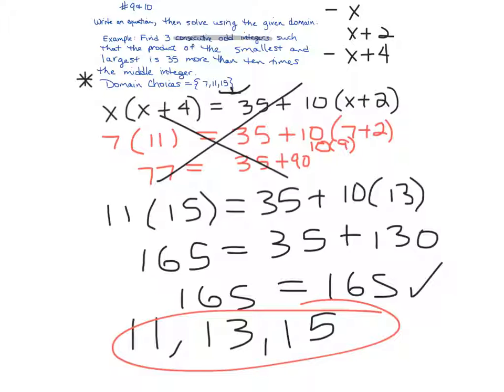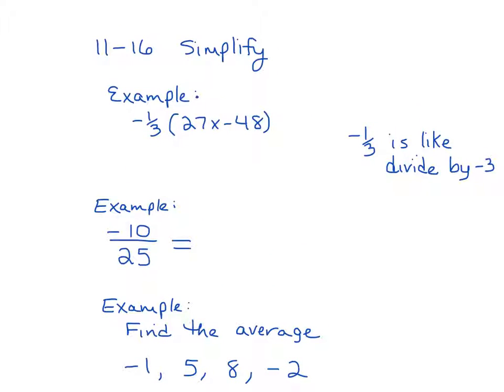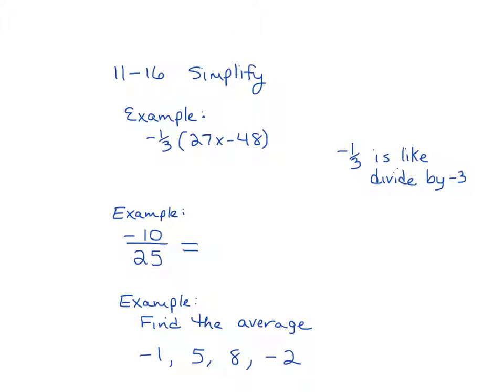Then the next section of the test, the instructions are going to say simplify. So here, you might have to simplify a fraction, you might have to distribute, and then combine like terms. So on this one, remember when you multiply by 1/3 or 1/5, for the negative 1/3, it's like dividing by negative 3.